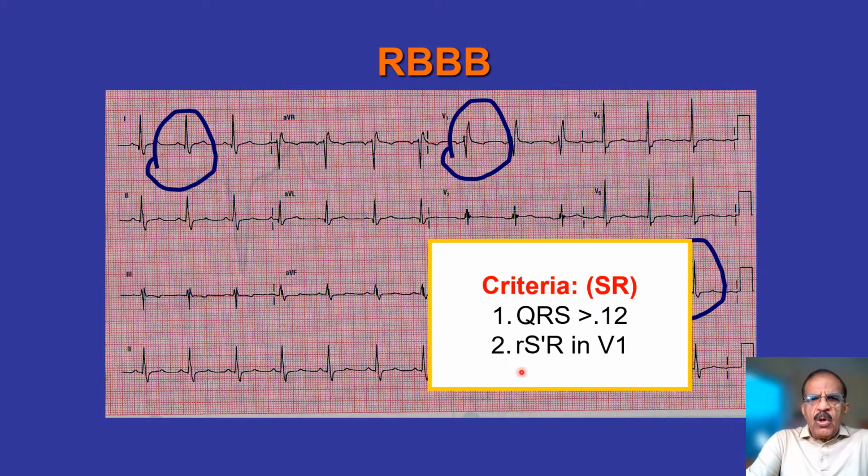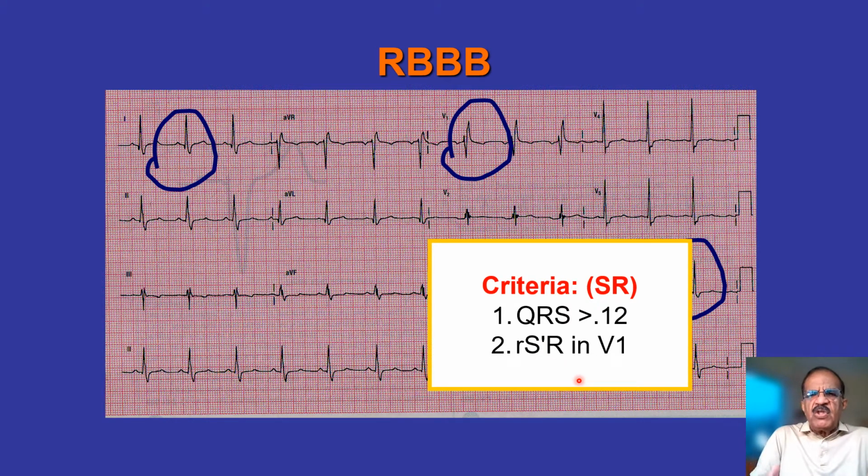Now please note on this complex, I have written r in lowercase because in this case the initial R wave is rather small in size. The S is capital because the S wave is fairly deep, and the R is again capital because the secondary R is also quite prominent, and this little dash indicates R prime.